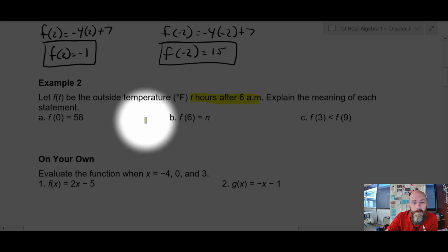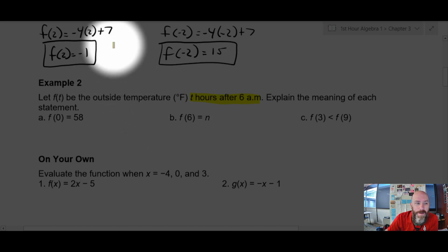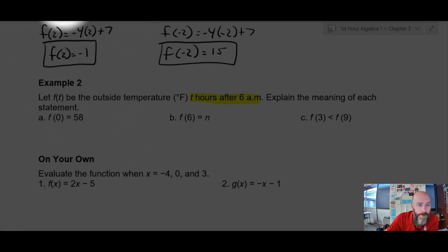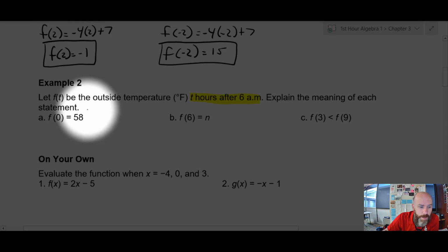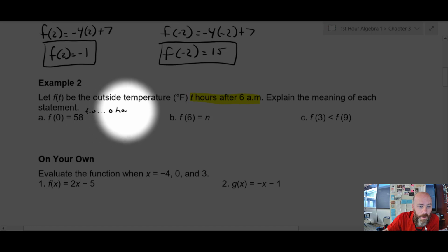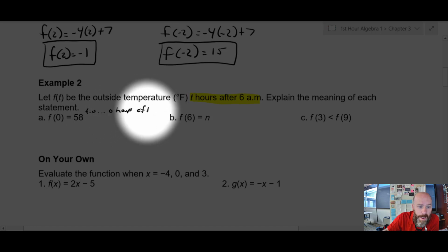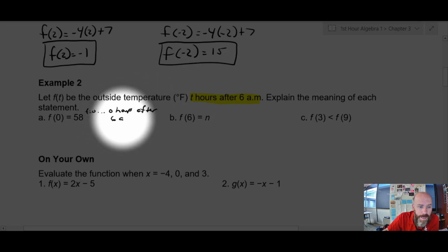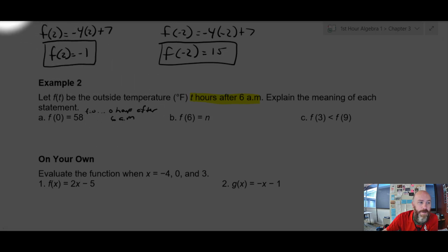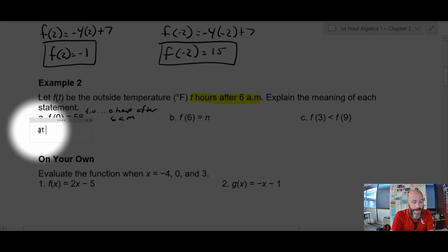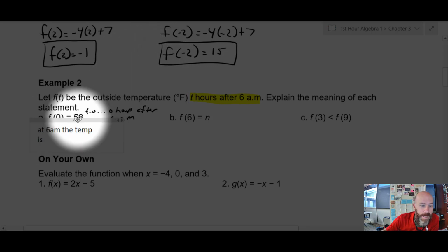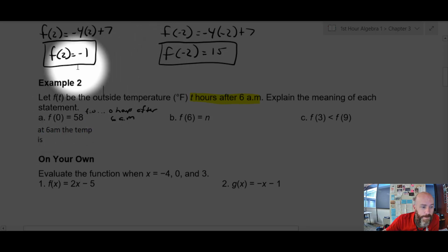Now it says explain the meaning of each statement. So f of 0. So this 0 means when t equals 0, which means 0 hours after 6 a.m. Well, 0 hours after 6 a.m. is just 6 a.m. So this one right here is saying at 6 a.m. the temperature is, if you look, it said the temperature is 58 degrees.